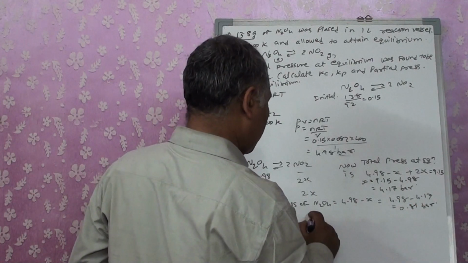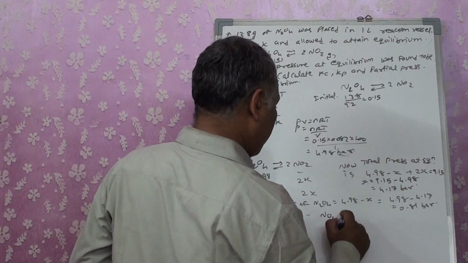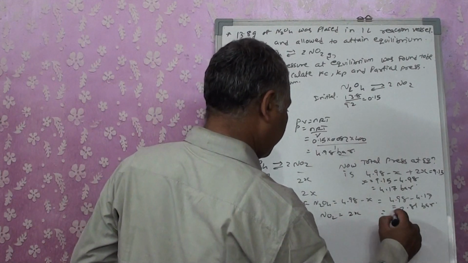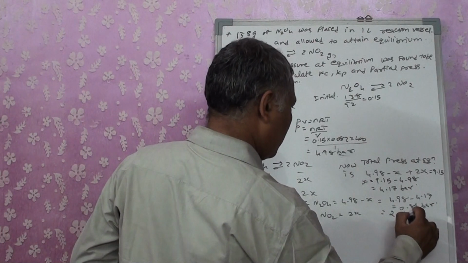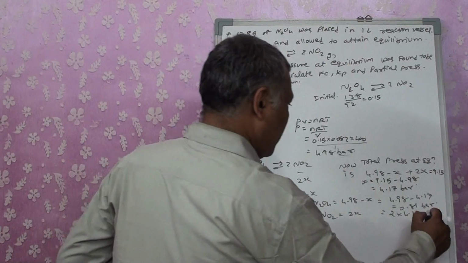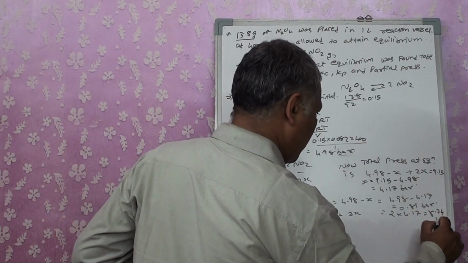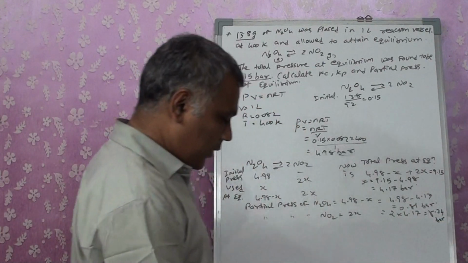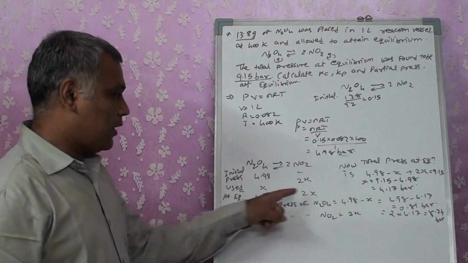In the same way, the partial pressure of NO2 will be 2x, 2 into 4.17, which we get as 8.34 bar. Those are the partial pressures that we got.